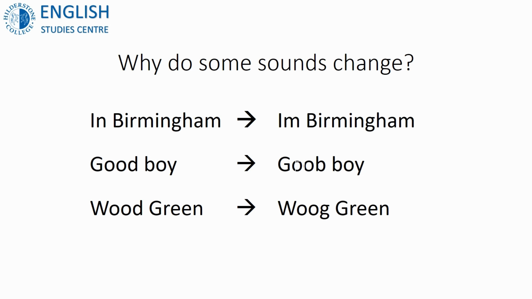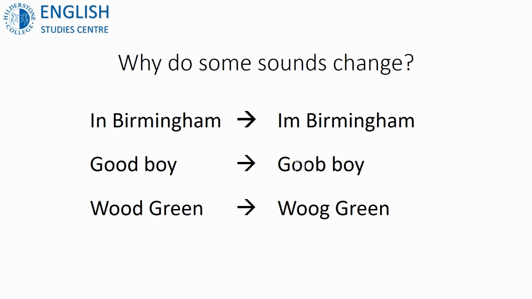Now you can hear there that I'm not saying "good boy", and I'm not even saying "goo boy", because sometimes people say, is that dropping a sound, elision, rather than assimilation, which is changing a sound? Well, if you listen carefully when I say "goob boy", you can hear that I'm definitely saying it differently from "goo boy". Okay, it's a very small difference, but it is there, and because native speakers of English are sensitive to it, we'll probably hear the difference.